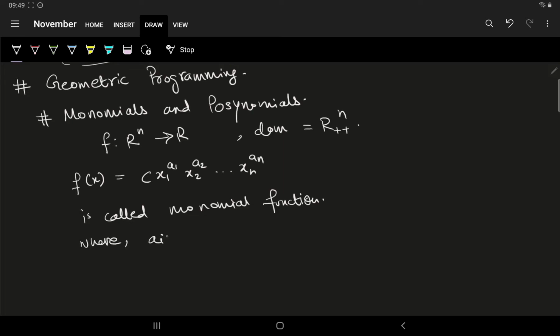Where the ai's are real and the ci and c is positive.